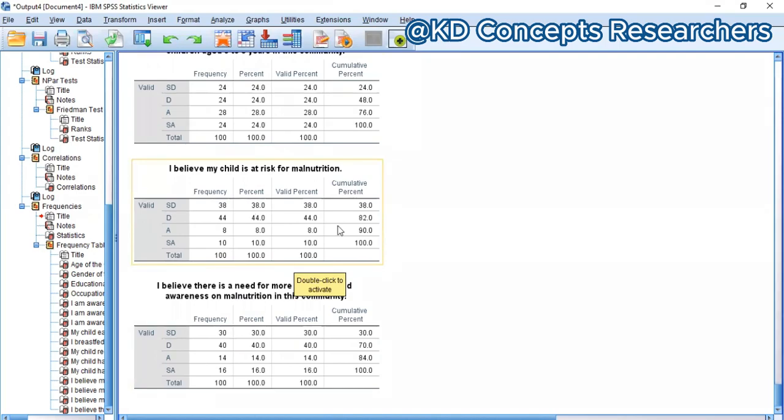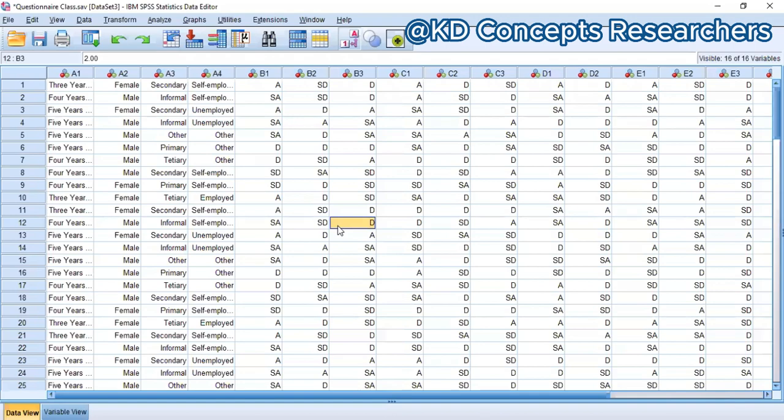Now, another thing you want to check is if there is a positive or negative relationship. Let's just say there's a relationship between these questions, and that will lead us to correlation analysis. With correlation analysis, you can check for the relationship between each of these questions. Again, how do we carry out correlation analysis?